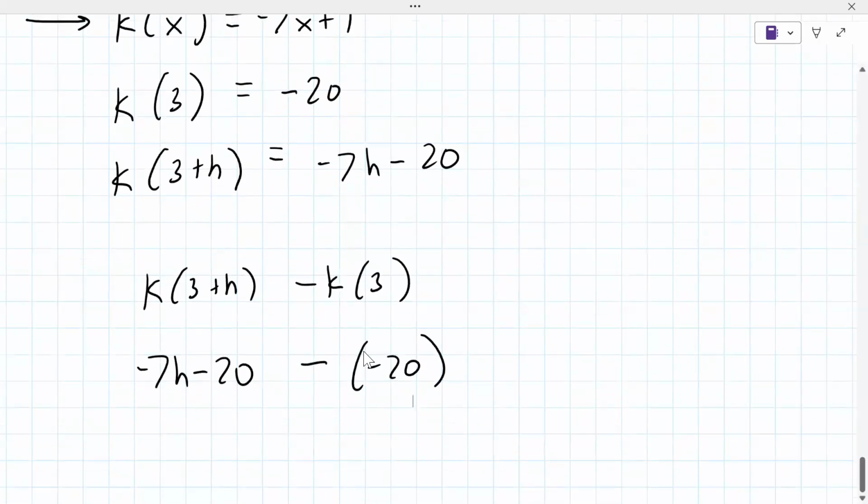Could you try reducing this for me, please? Yes. Is it just negative 7h?